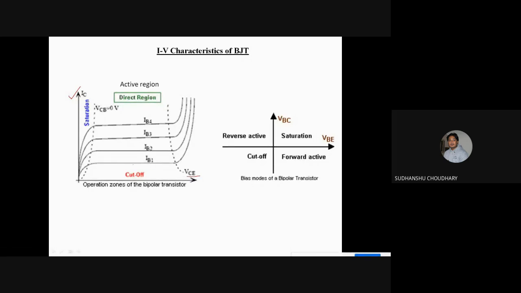With the increase in IB, you will see that the collector current also increases. So this is the IV characteristic of a BJT. As the base current is increasing, the collector current is also increasing, since collector current is equal to beta times IB. So IB, the input current at the base, is increasing, so the collector current is also increasing.